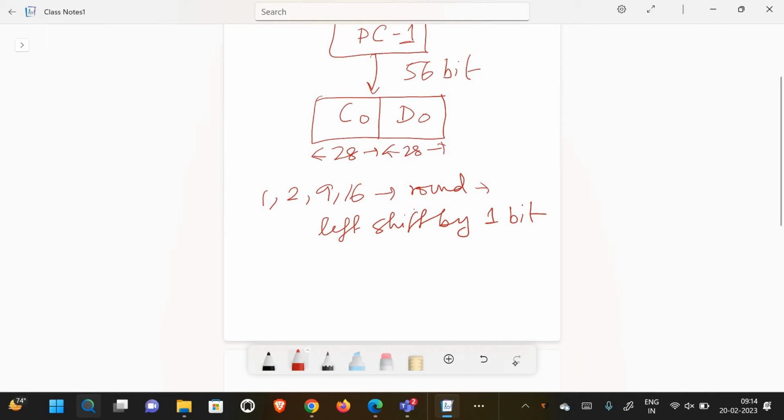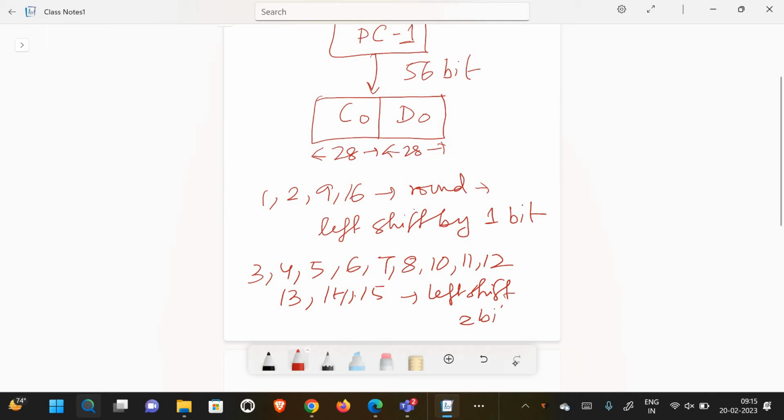So a single bit shift will happen for rounds 1, 2, 9 and 16, and for the rest of the rounds, for example 3, 4, 5, 6, 7, 8, 10, 11, 12, 13, 14 and 15, there will be a left shift of 2 bits each. So this is the rule, please make a note of it.